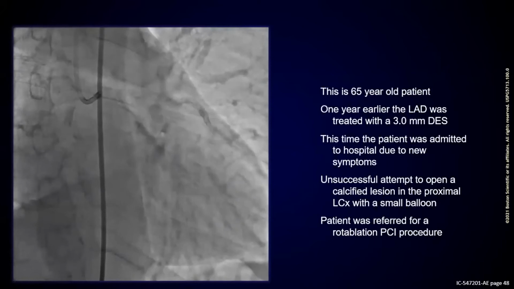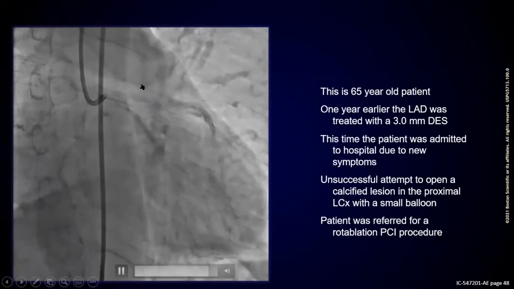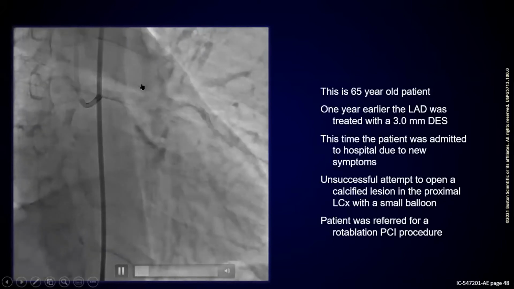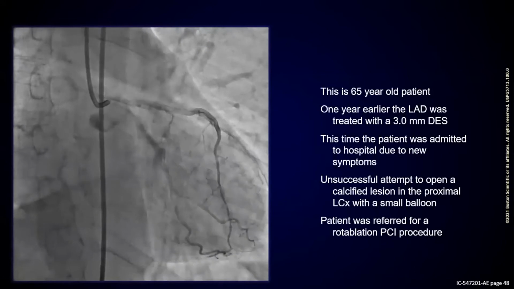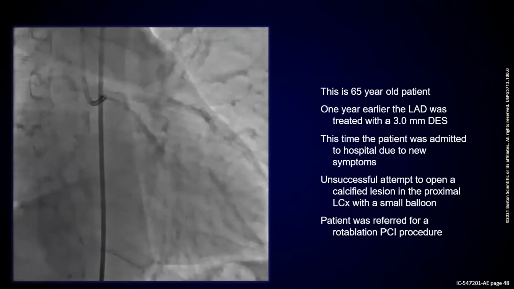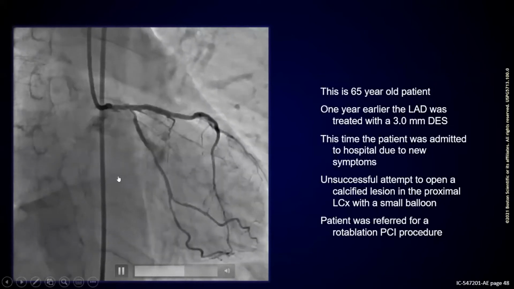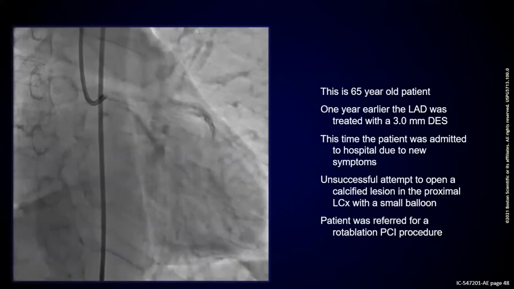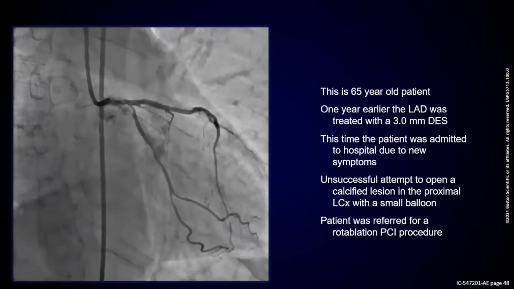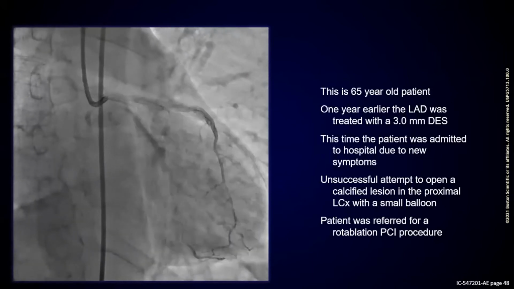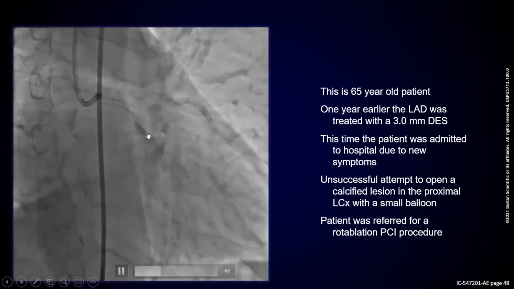A 3 millimeter stent can be grown up to about 4.5 millimeters with post-dilatation using non-compliant balloons. So the issue here is possibly an undersized stent, but there's also an issue at the left main stem bifurcation for this gentleman. So I would probably think about performing intracoronary imaging for this chap, to work out what's going on.